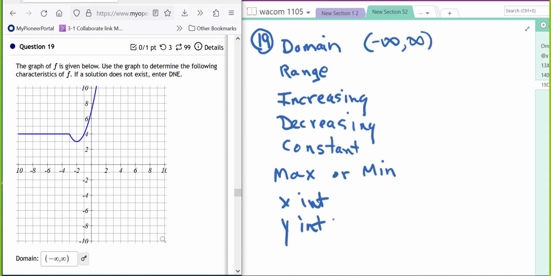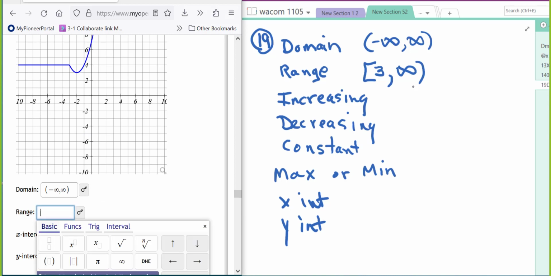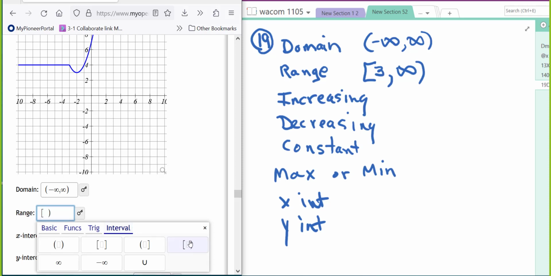So the lowest point now, range, you're looking at your y-axis. Lowest point is 3, and you are touching it. And you're going forever up. Increasing. This is increasing. I should probably fill these in. It may not even ask that. Right, interval. Bracket 3, comma, infinity.